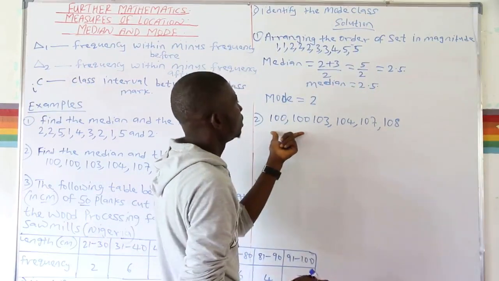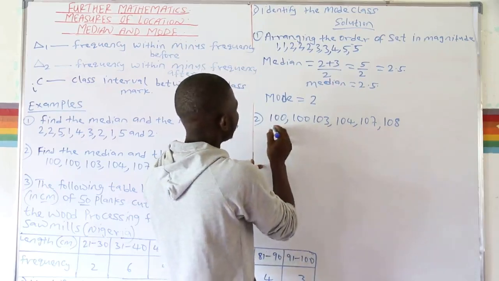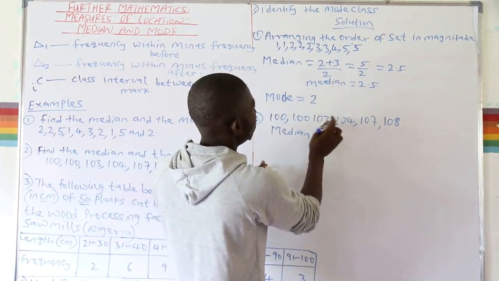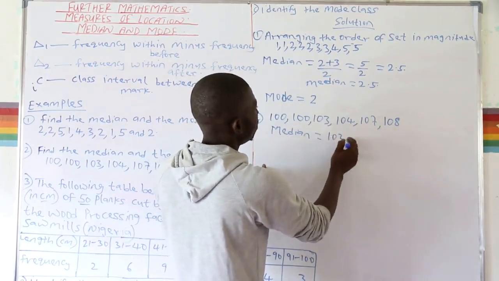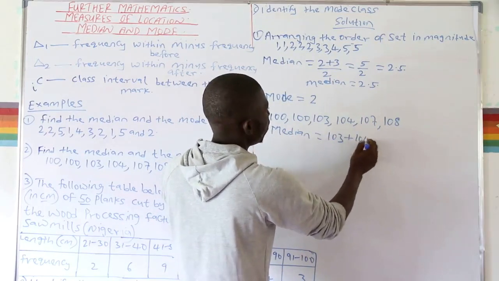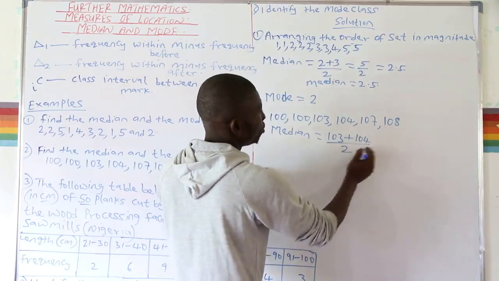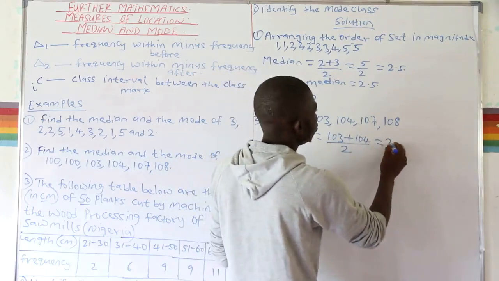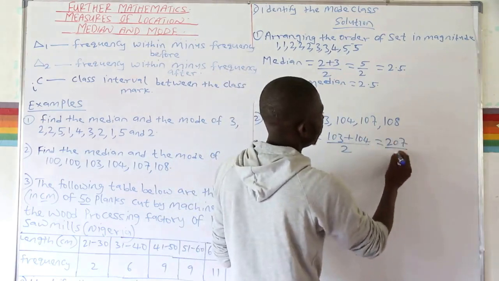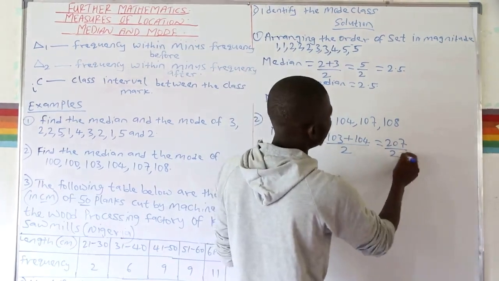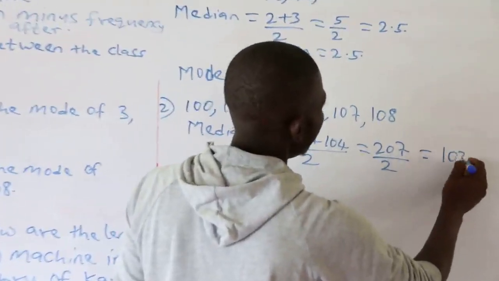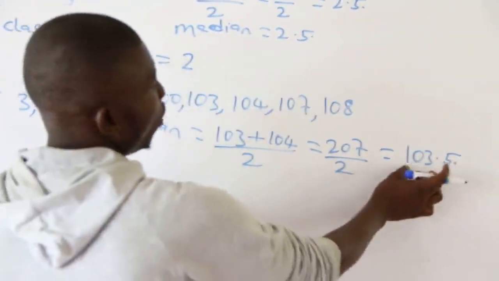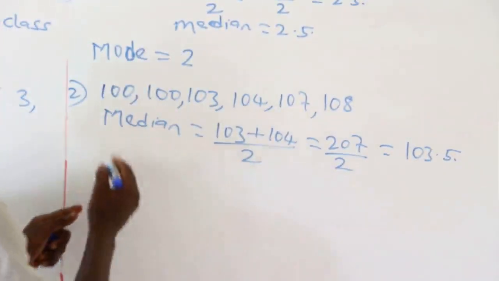These are 6 numbers. Our median equals 103 plus 104 divided by 2. 103 plus 104 will give us 207, divided by 2. So when you divide this, it will give us 103.5. So our median is 103.5. Now to find the mode.